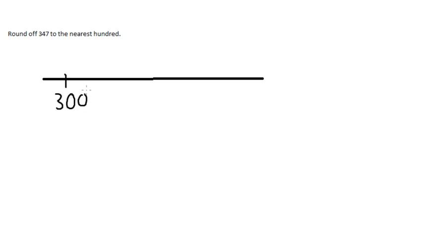Let me draw a little number line. If 300 is over here and 400 is over here, 350 would be right in the middle. If our number is on the left-hand side of 350, it would round to 300. If our number is on the right side of 350, it's closer to 400, and we would round to 400.